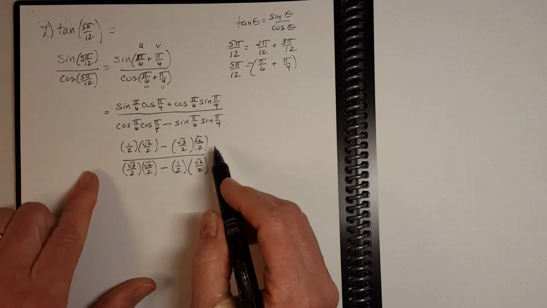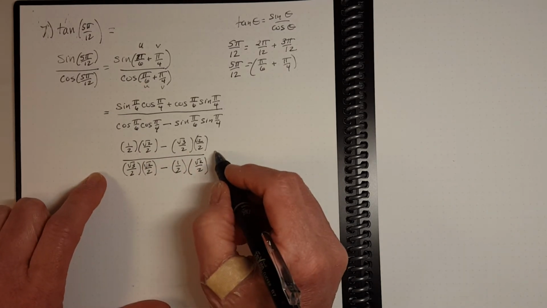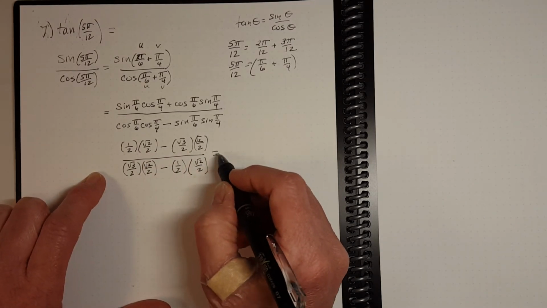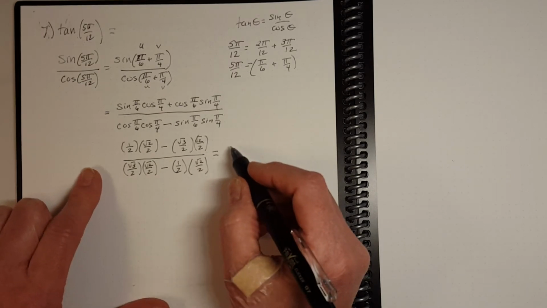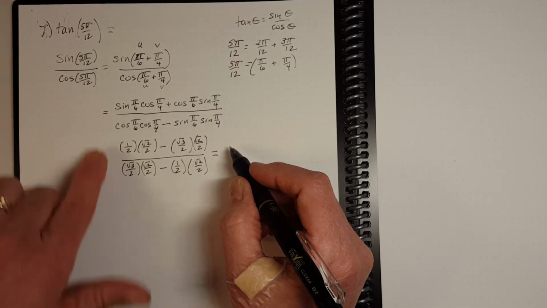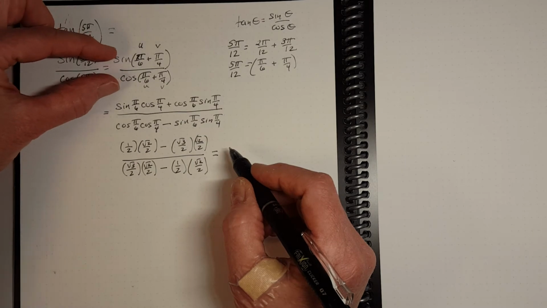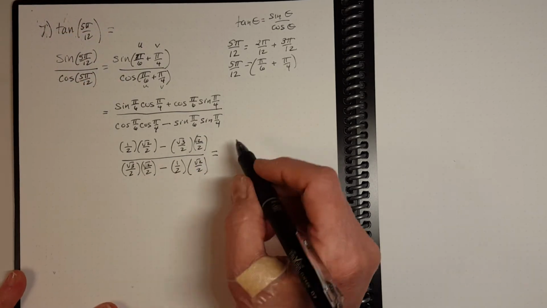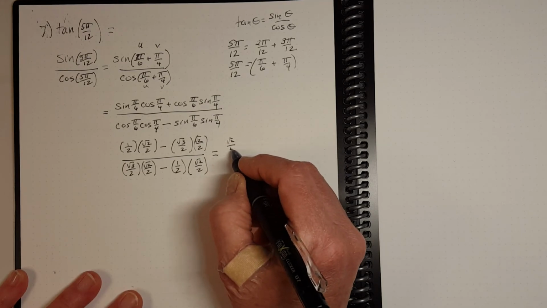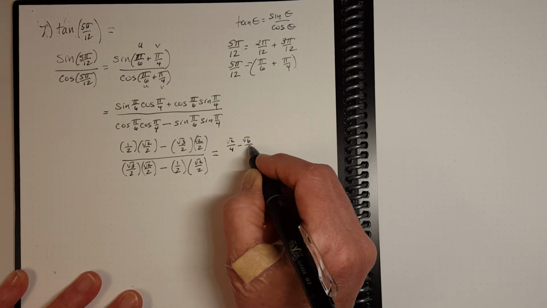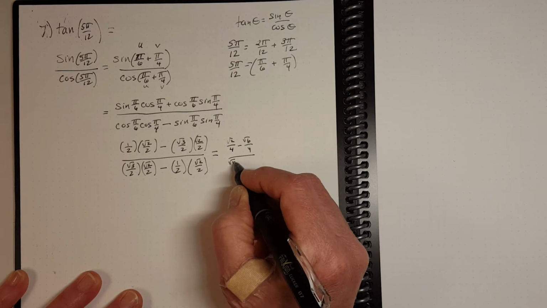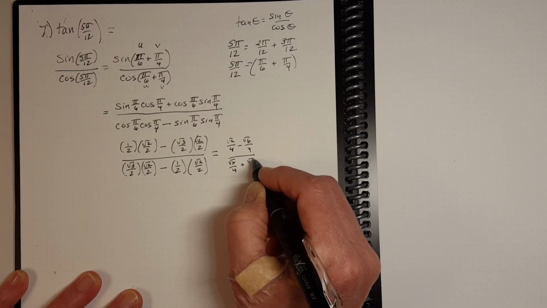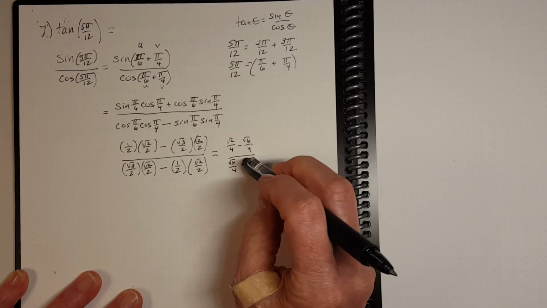Now, we can go ahead and do this out. And I'm going to do it out over to the right because I want to show you a simplifying trick that you might find useful, which is why I like to use this formula and not the tangent formula that the book presents as an alternate. So the top of this becomes root 2 over 4 plus root 6 over 4.